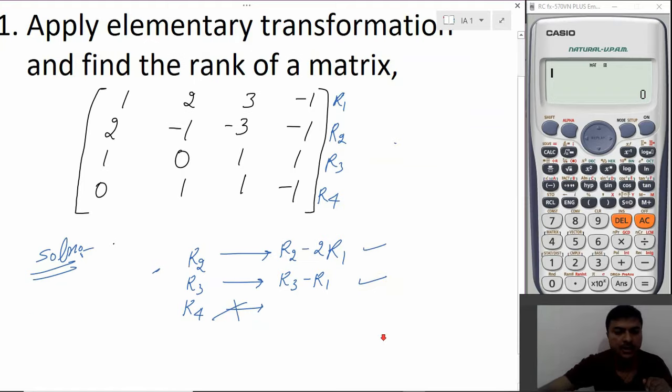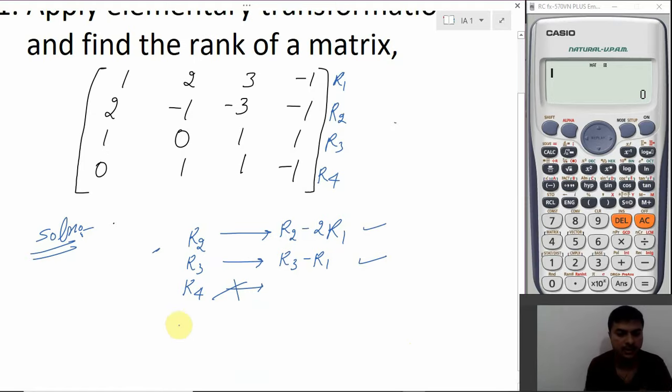Immediately just subtract the values. Look here, first row as it is: 1, 2, 3, minus 1, no change. R1 is fixed.